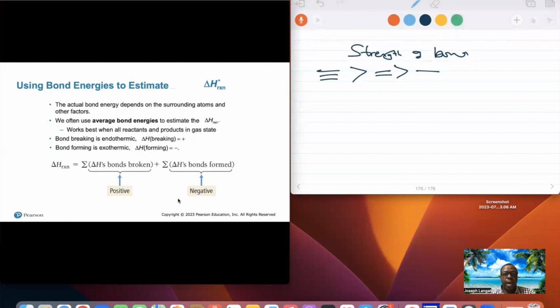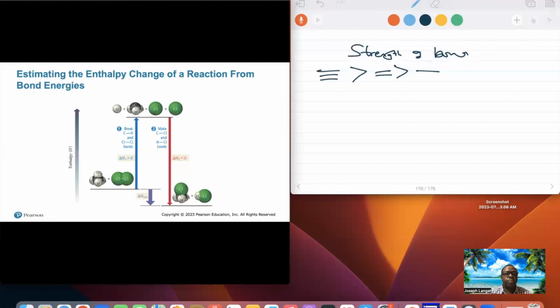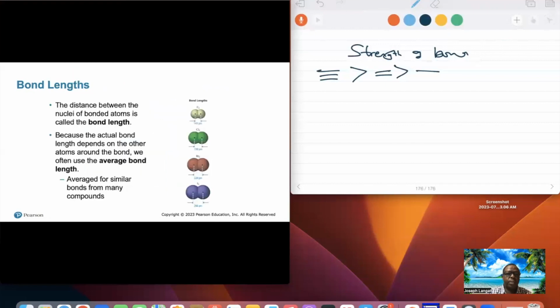So the product side should be all negative values, and the reactant side all positive values in calculating the enthalpy for the reaction. I'll show you an example of that later on.